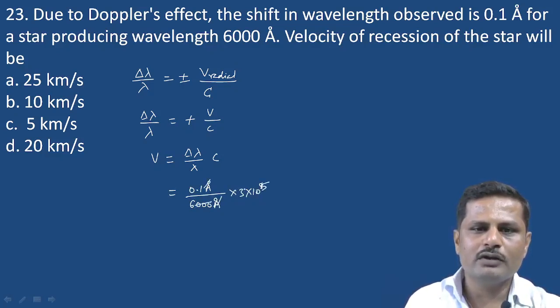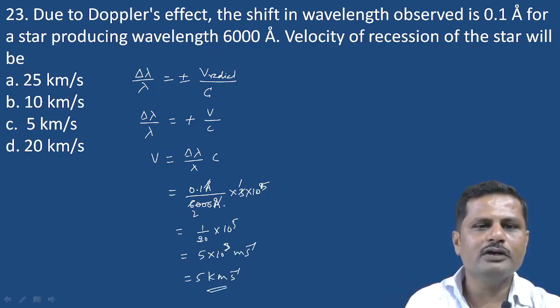Now 3 ones are 3, 3 twos are 6, so 0.1 divided by 2 is 1 divided by 20 into 10 to the power of 5. This can be written as 100 divided by 20 into 10 to the power of 3, so 100 divided by 20 means 5 into 10 to the power of 3 meter per second. This can be written as 5 kilometer per second. So here option C is the right answer.